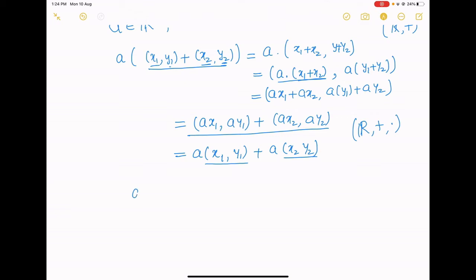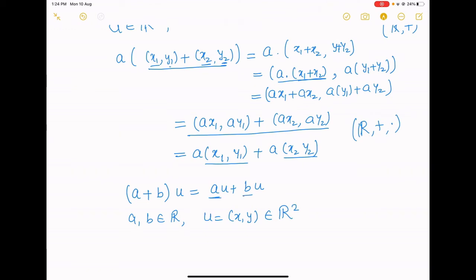The next one: (a plus b) operated on u gives you au plus bu. Again a and b belong to R and u, that is (x, y), belongs to R square.